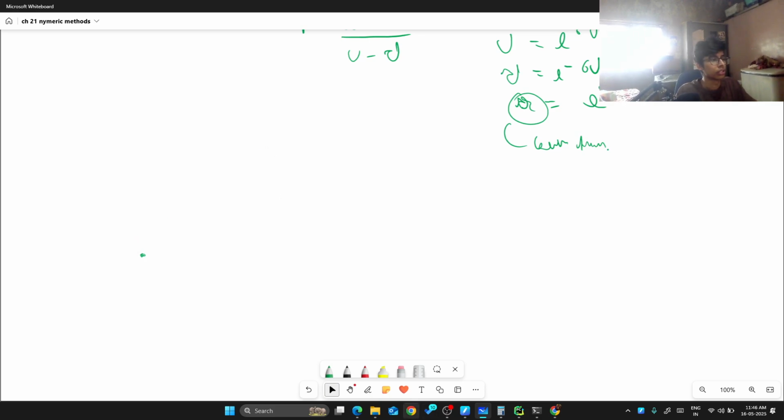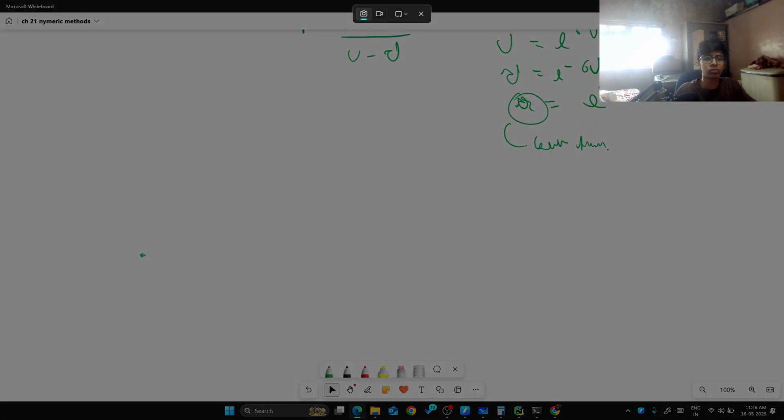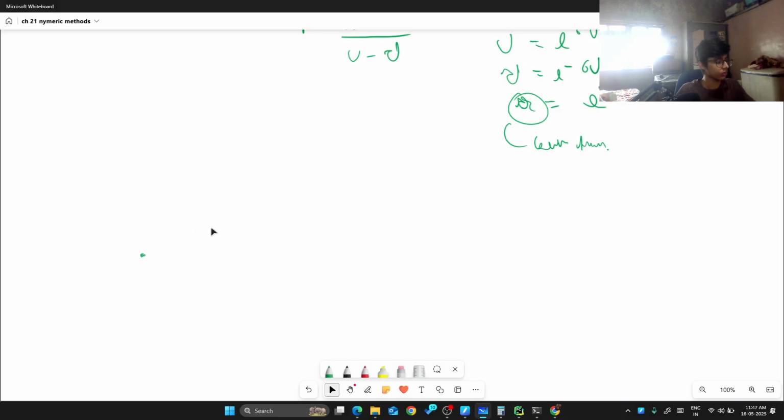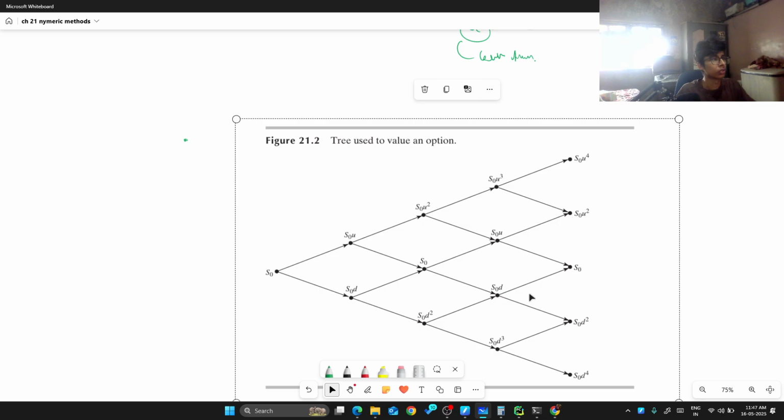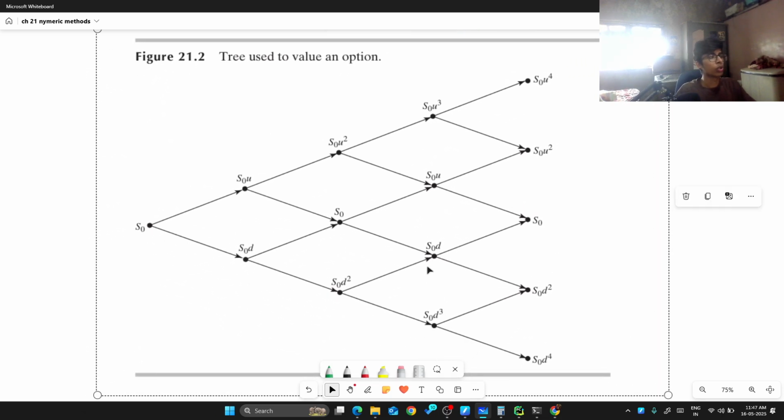Let me show you the picture of it. It would be easy. Look at this tree.